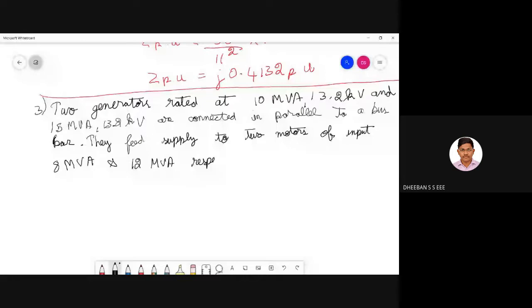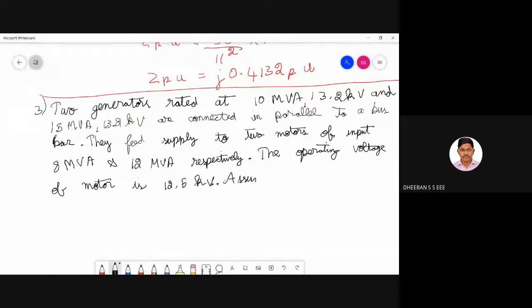The operating voltage of the motor is 12.5 kV. Assume base quantities as 50 MVA, 13.8 kV.